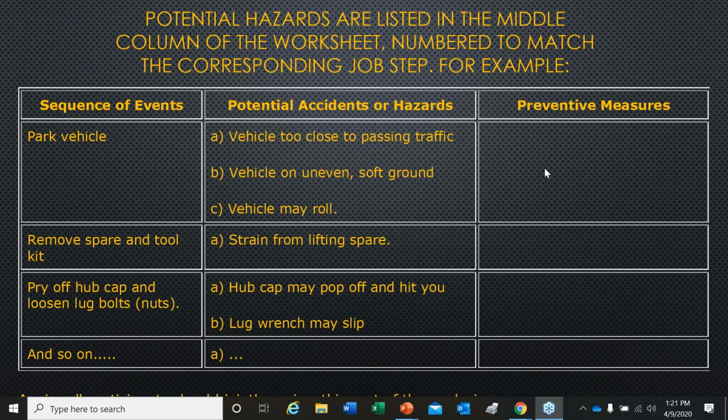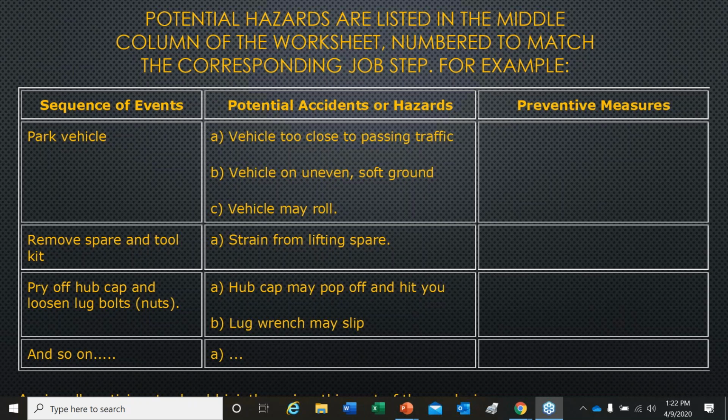Once you get your potential hazards out there that you've got in the sequence of events, then you're going to start to look at, okay, what are the hazards and the accidents that can be associated with it? So in parking a vehicle, you can park on the side of the road and the vehicle is going to be too close to passing traffic.